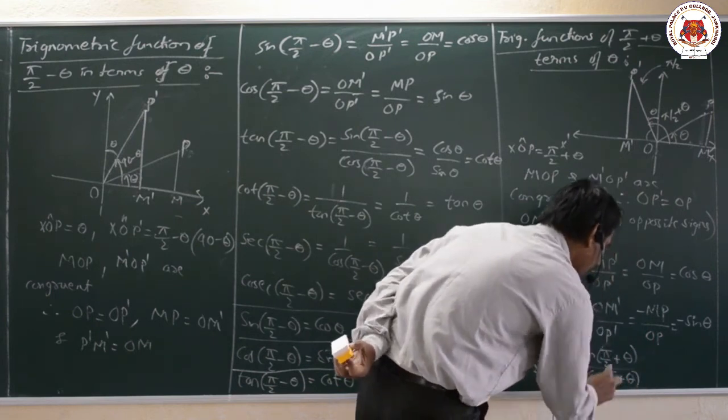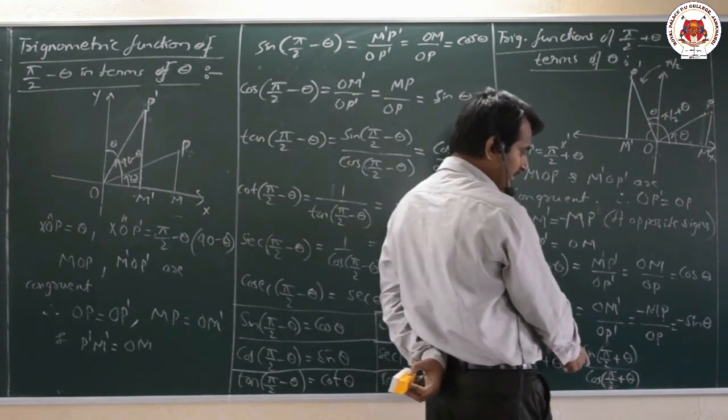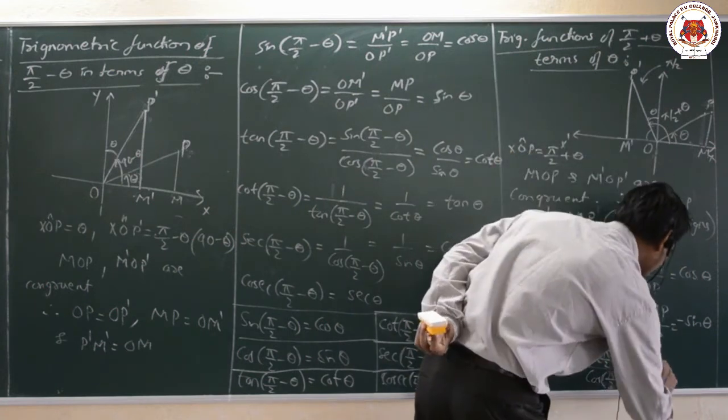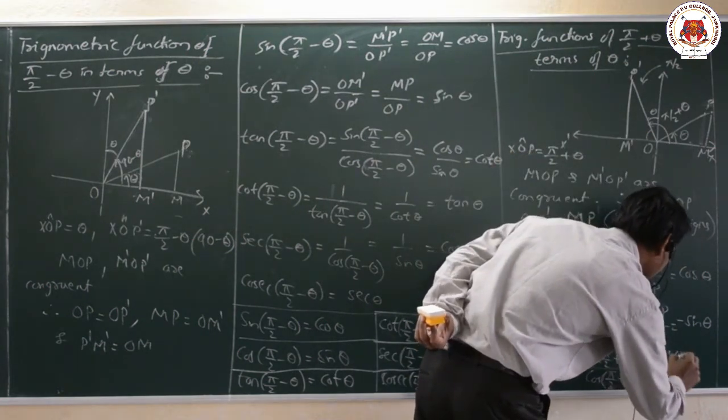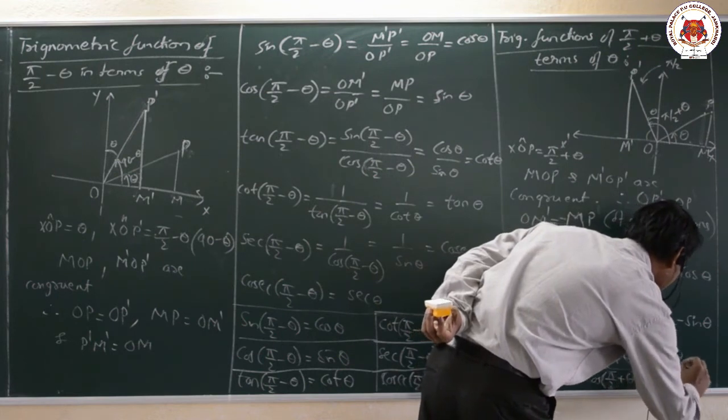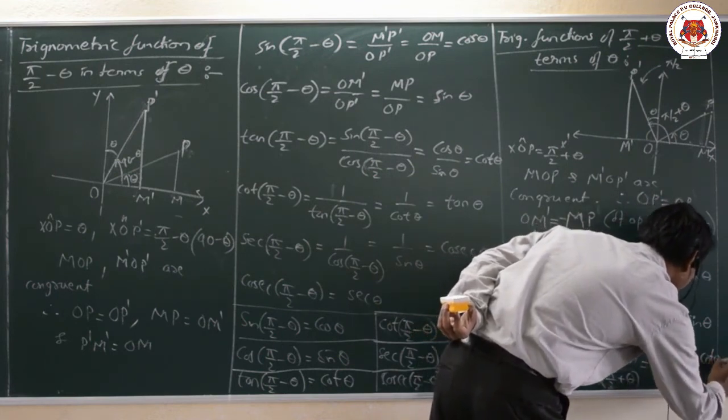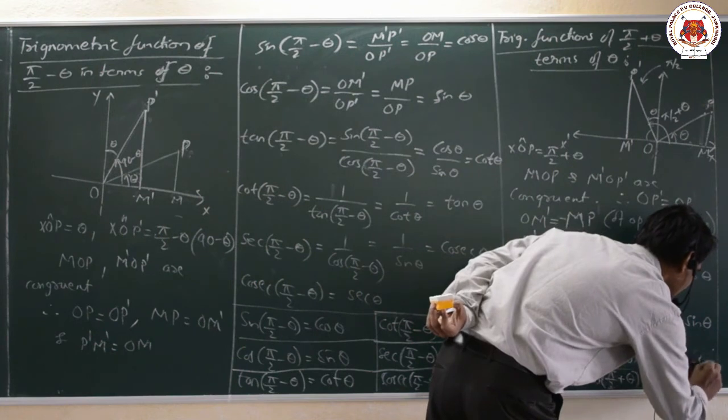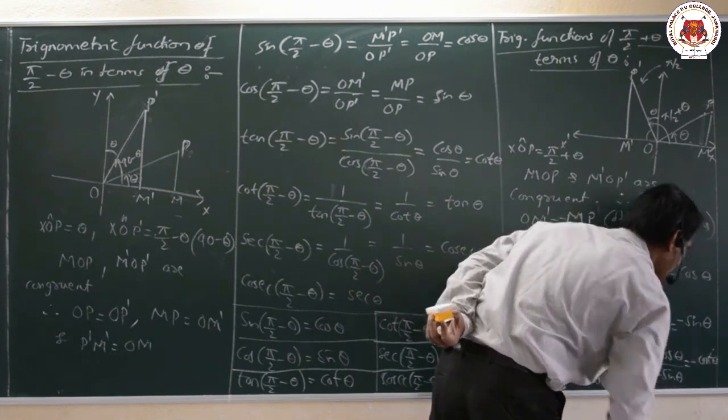Sine of pi by 2 plus theta is cos theta, divided by minus sin theta. The value will be minus cot theta.